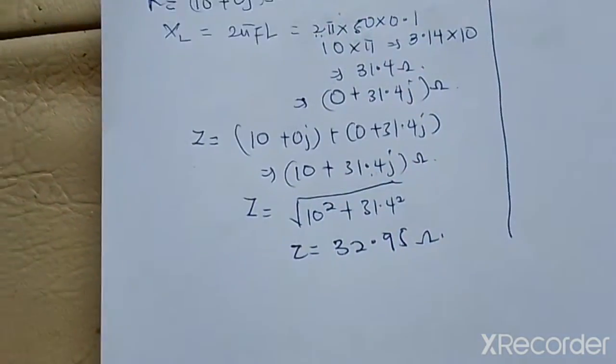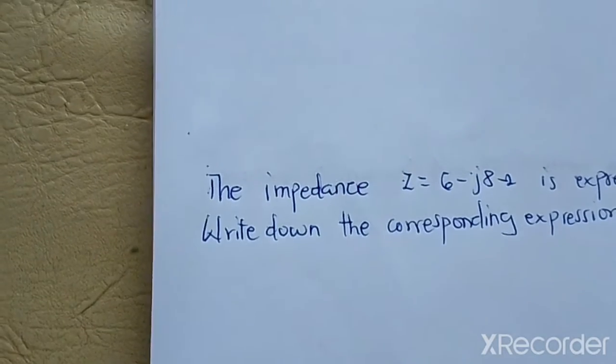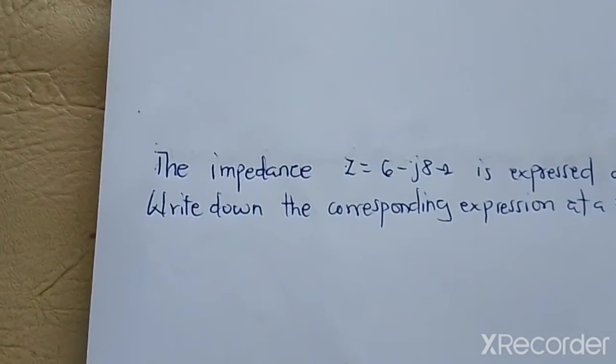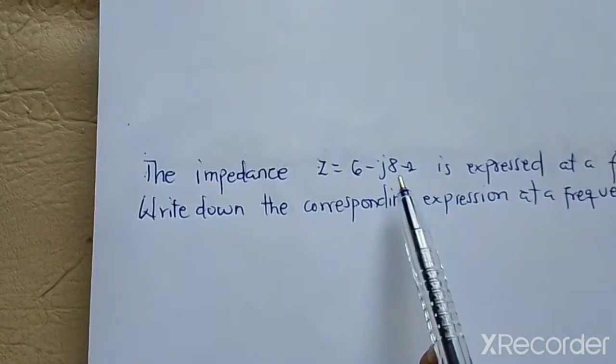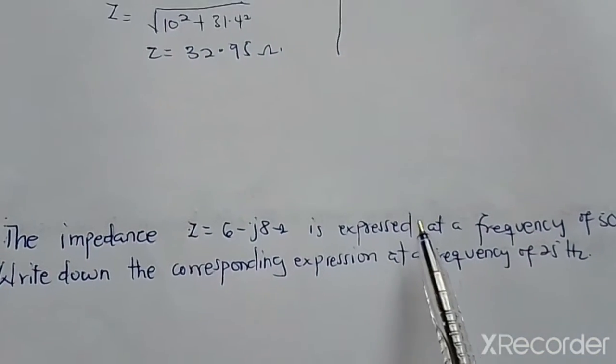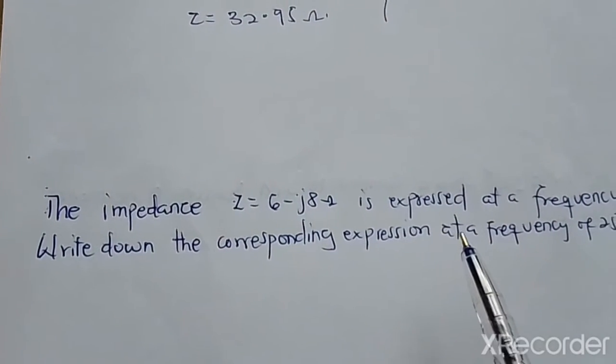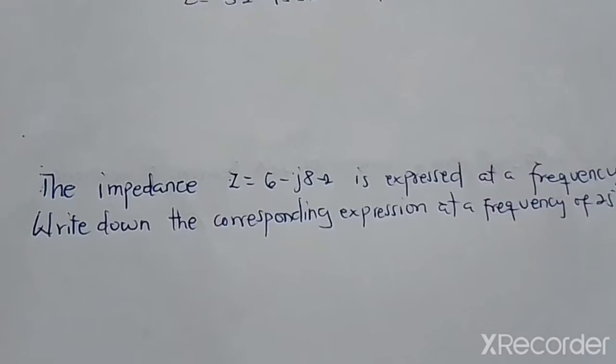Now we have another question in this section, and it says the impedance Z, which is 6 minus 8J ohm, is expressed at a frequency of 50 Hz. Write down the corresponding expression at a frequency of 25 Hz.